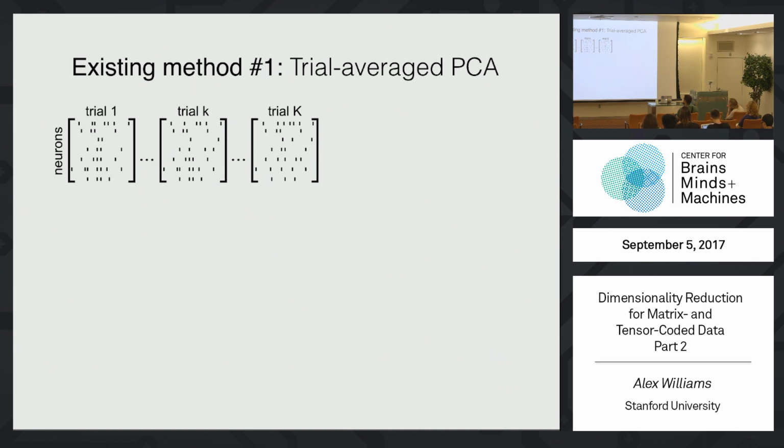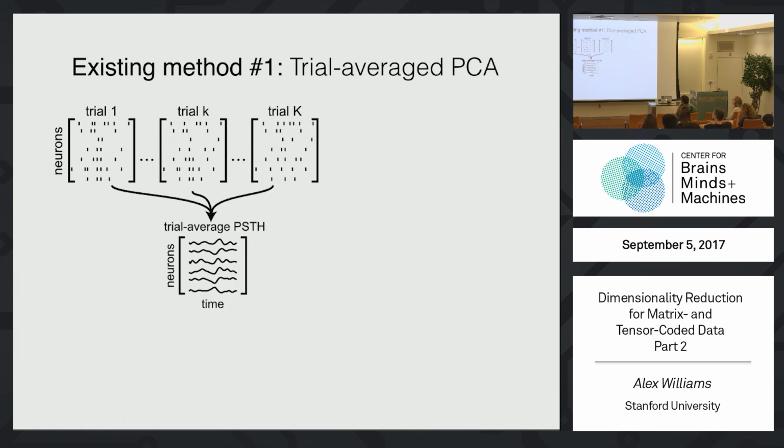And if all you think is happening from trial to trial is random variability, a very reasonable thing to do is to just average all of these spike trains and turn it into a PSTH matrix of neurons by time. And then you can perform principal components analysis on this trial average matrix.